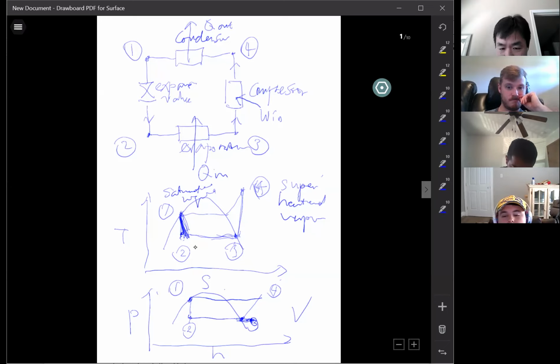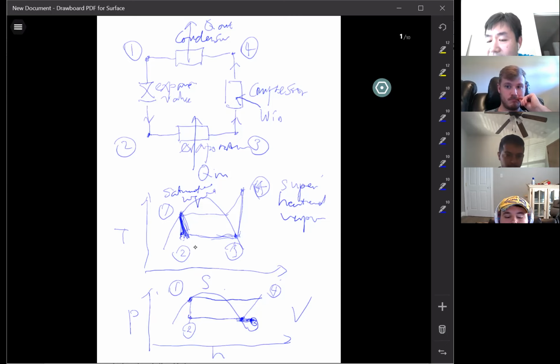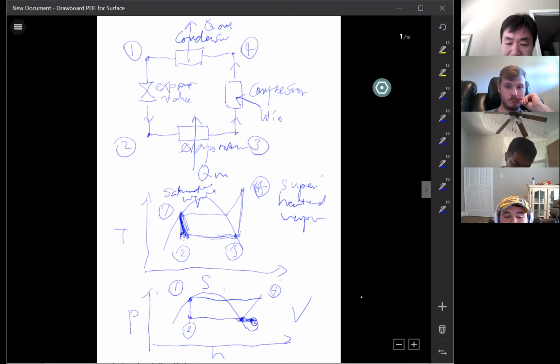But in the ideal case, this point is on the dome, on the saturated line, and there's also a temperature associated with that point. The difference between these two temperatures, the real temperature and the ideal temperature, is called the degree of superheat. So that's a piece of cake after you produce this pH diagram. You just look at the diagram. Now let me come back to my screen, stop sharing here, and come back to the handout.